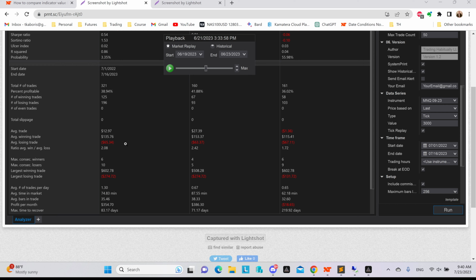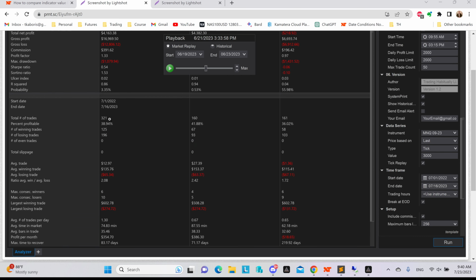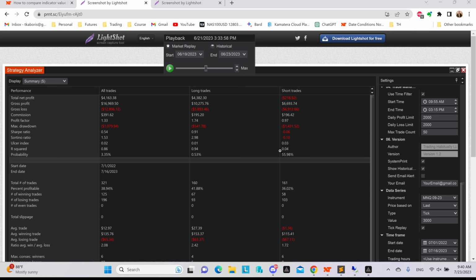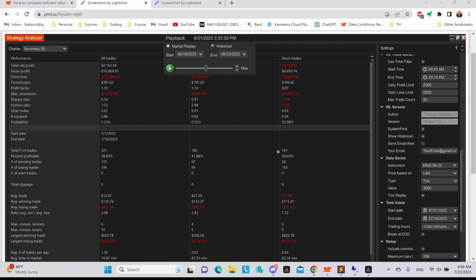So that's more than double, and that's why with this win rate, it's still profitable. Now, these settings do not include that counter trade.